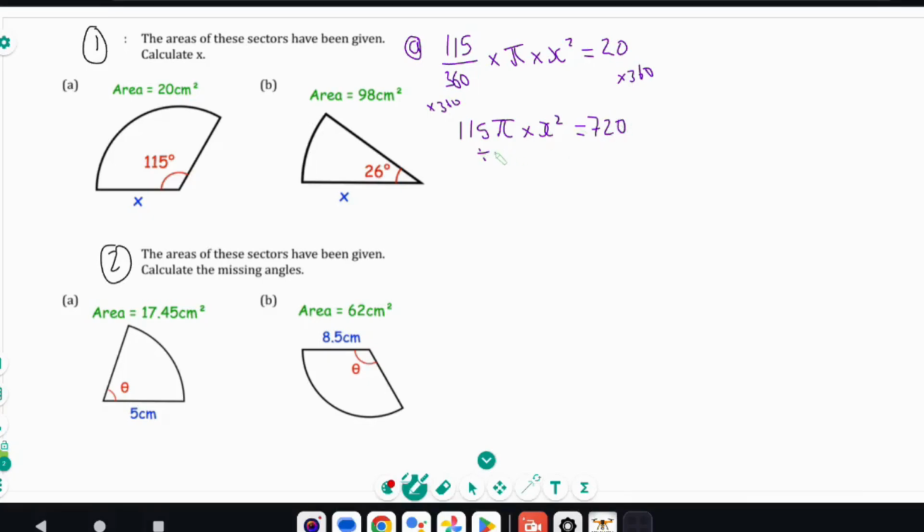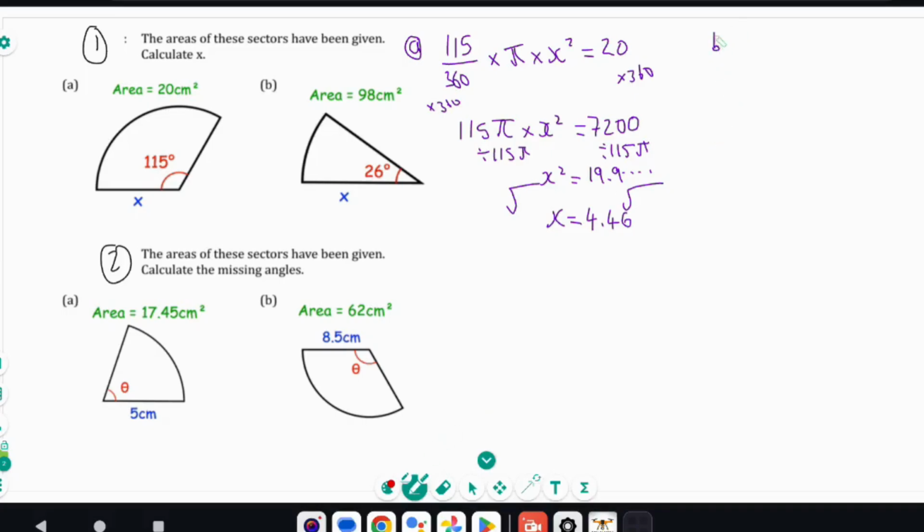I'm going to divide both sides by 115 pi now, which gives me x squared is equal to 19.9. So you might have done that in a slightly different way to me. And then I'm going to square root both sides, which reverses the square, which gives me x is 4.5 to one decimal place, or three significant figures, 4.46.